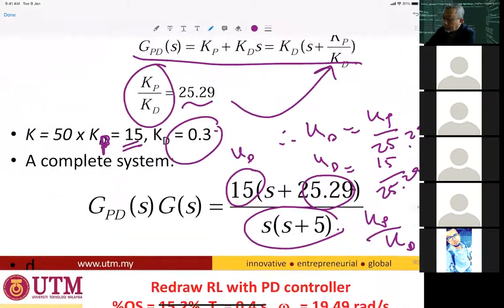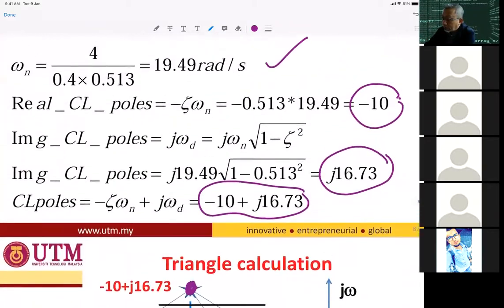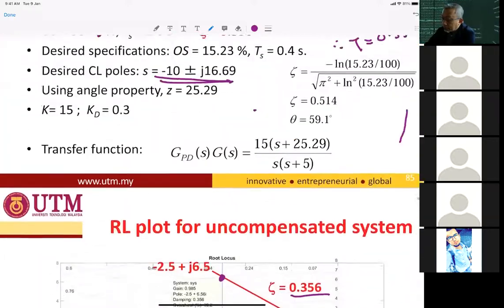That is your closed loop transfer function before the PD controller.